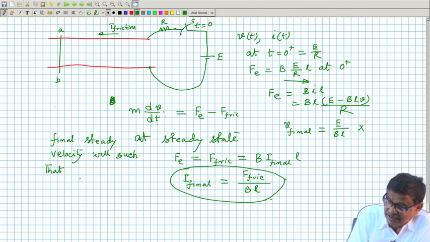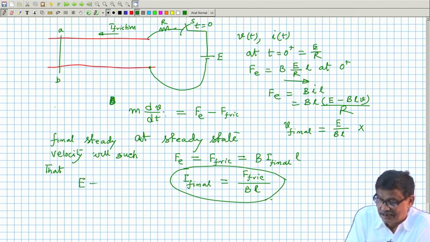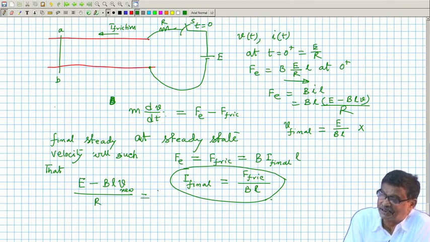That means E minus B L times that velocity, divided by R, must be equal to this I final.